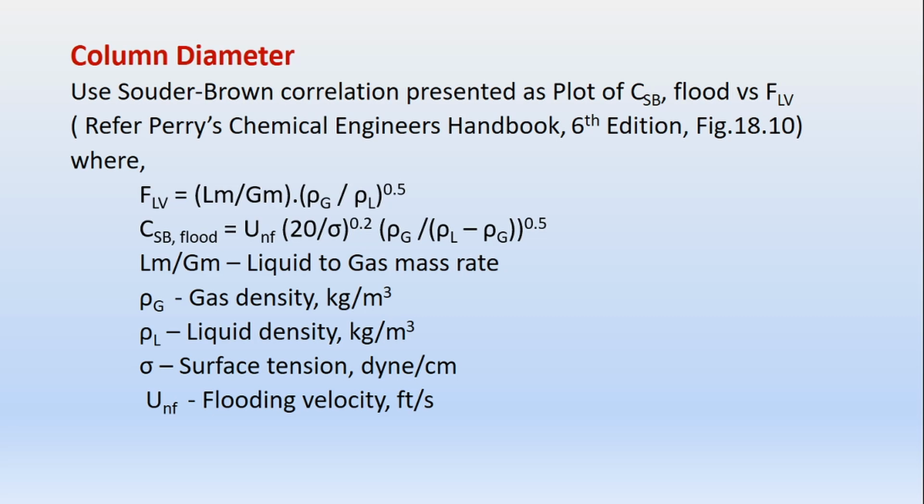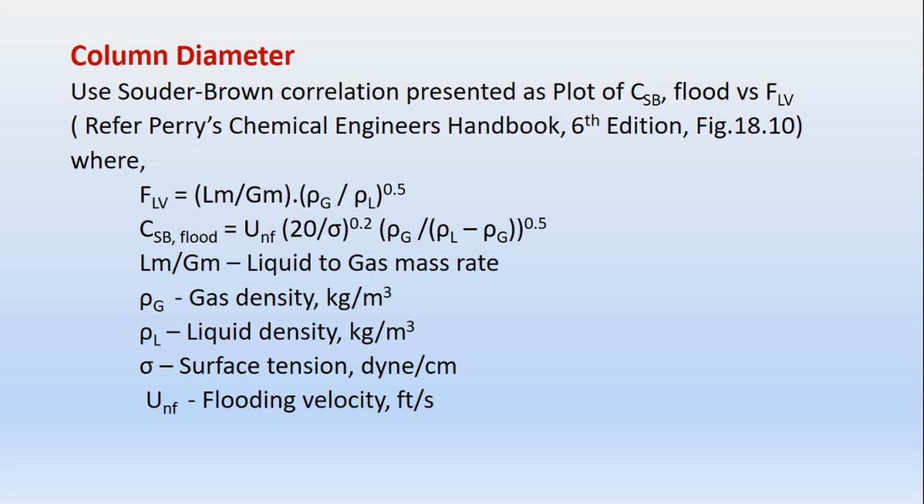Similarly here also, the column height we determined by considering the number of stages, and the diameter we are going to determine by considering the flow rate of the streams.